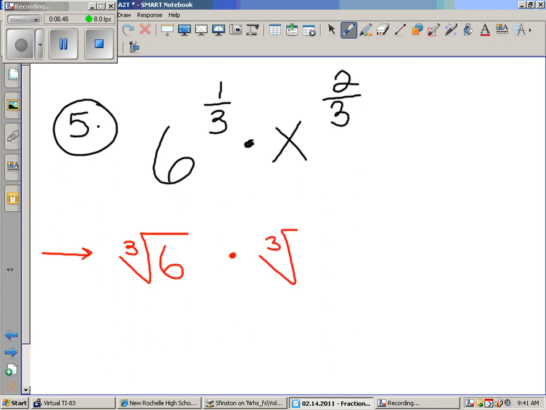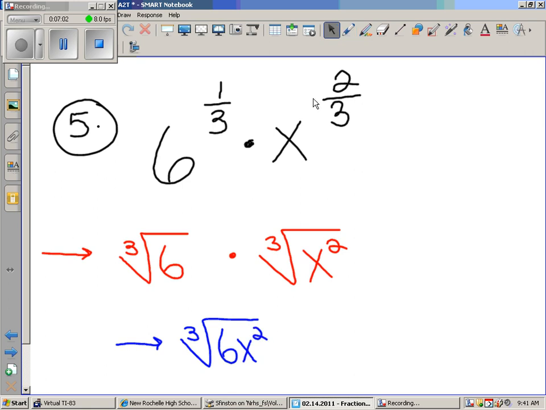Yep. Very nice, Teddy. That was a brilliant plan. Because now, any 2 things that are underneath the same radical can be combined, and so the final answer would just be the cubed root of 6x squared. And that makes perfect sense because look at the exponential powers. It's great. It's awesome.